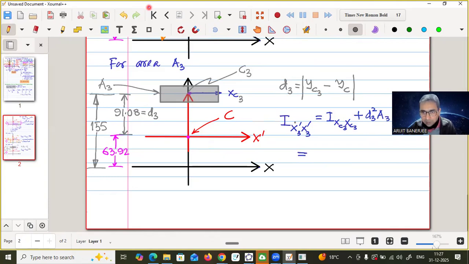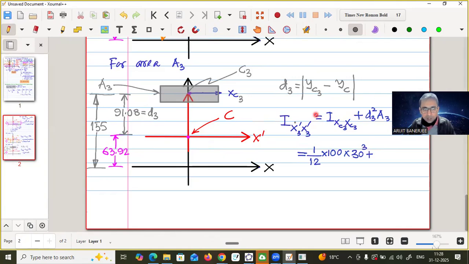Simply, what is this one? The first one, 1/12 BH cube again. So what is that? B means how much? 100. Here it is 100. And H cube means 30 cube.